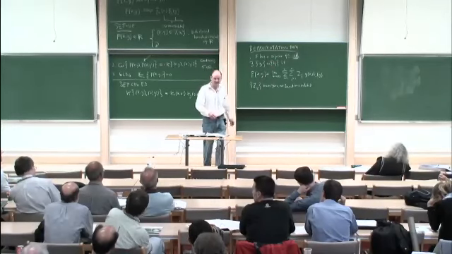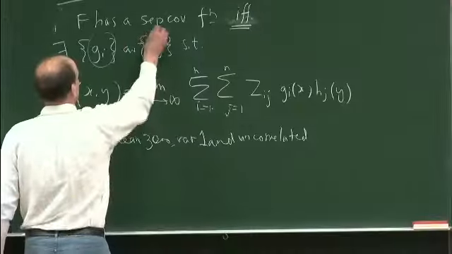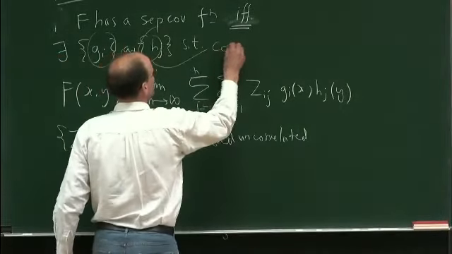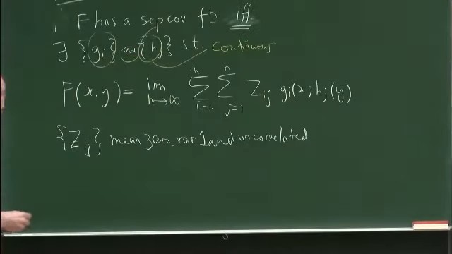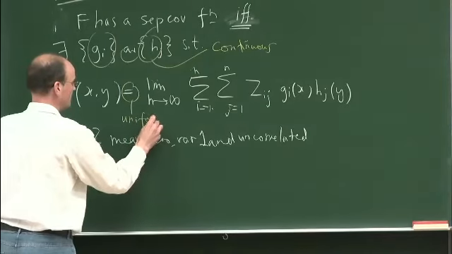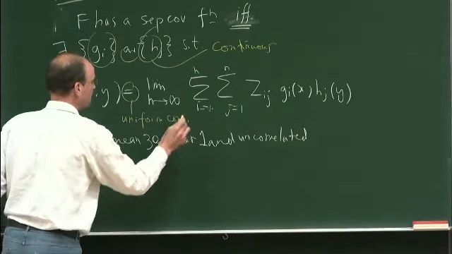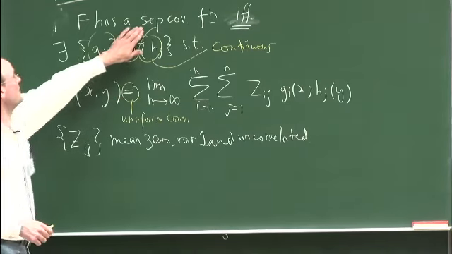We need to tighten up the definitions a bit. We need, of course, that these are continuous, and we need that this convergence here is uniform. That's not too bad, actually. Going from this to this is totally doable.